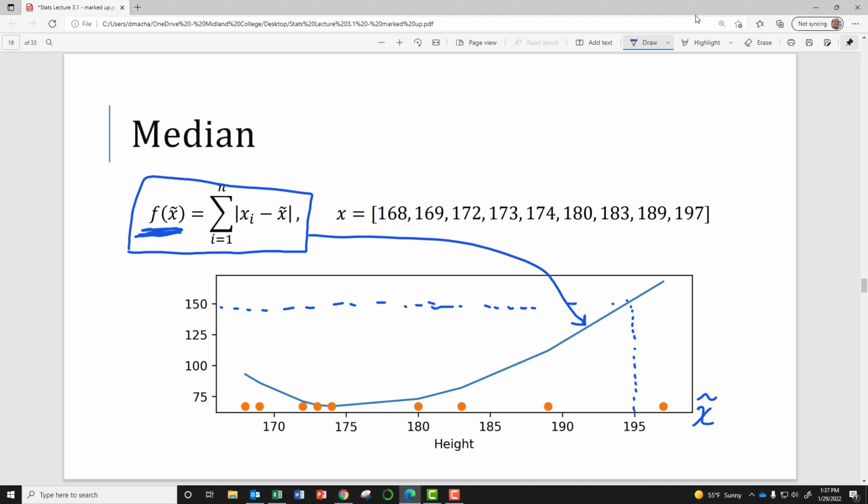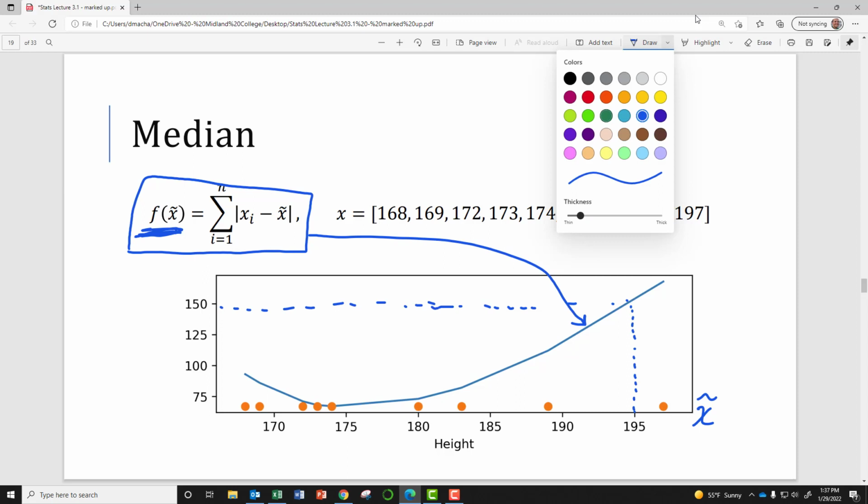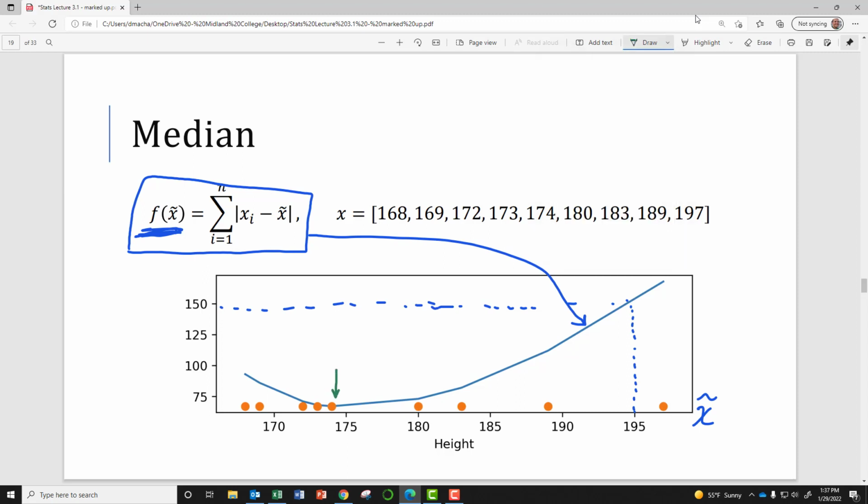That's how you read this chart. And you can see the very minimum value that I could choose for x tilde happens here. And so this is actually the true value of the median, is where this function finds its minimum value.